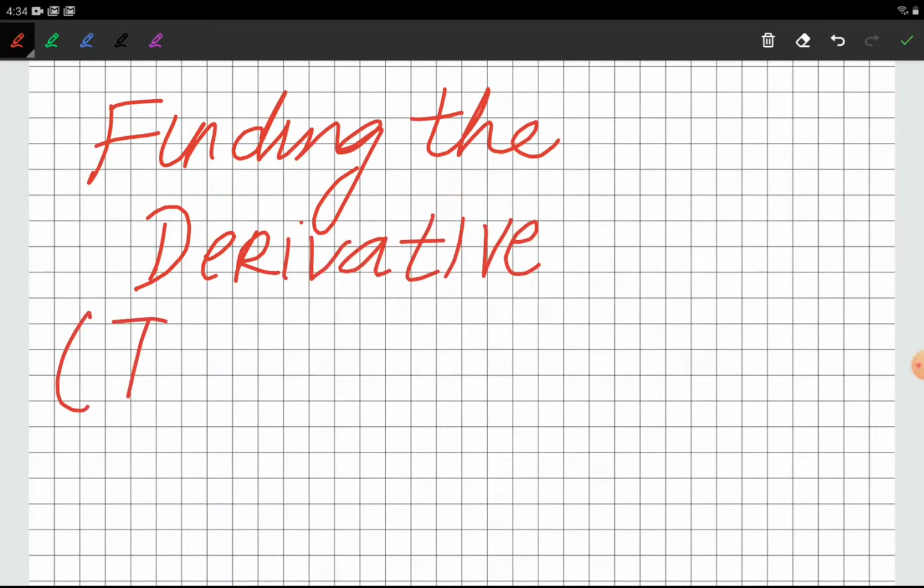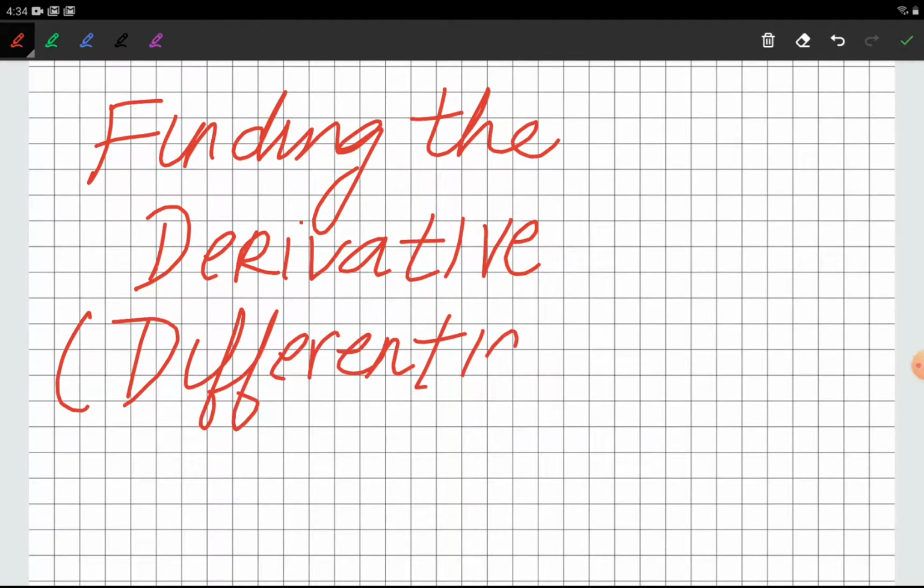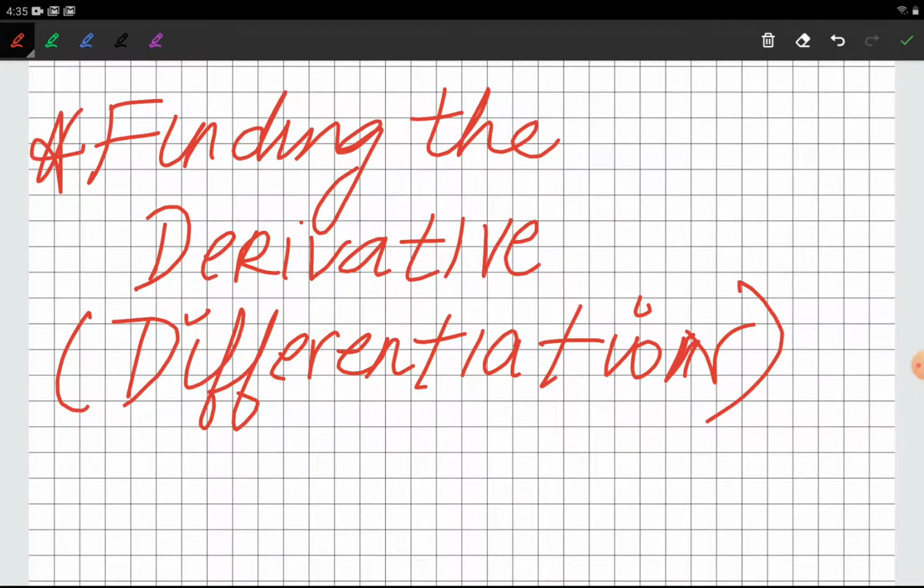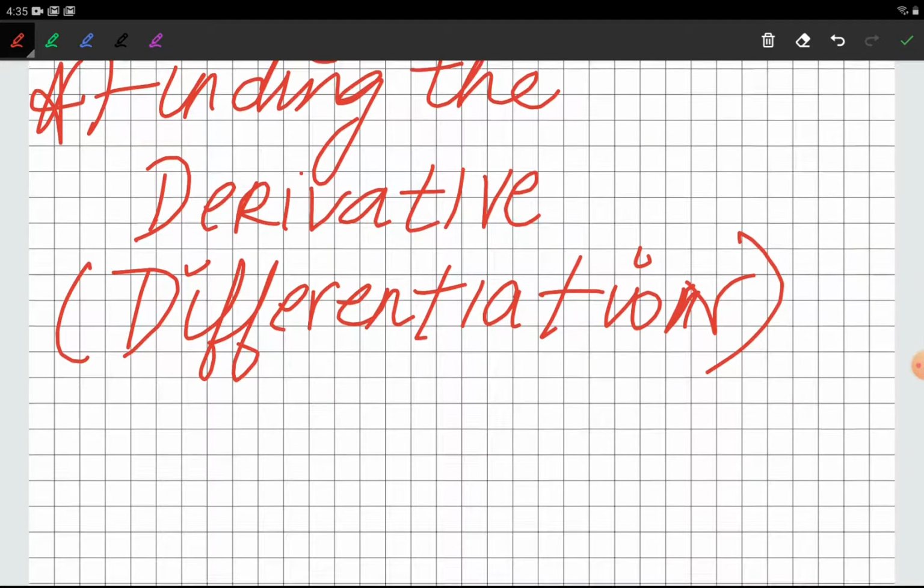That process is called differentiation. All right, that's the process of finding the derivative. Big word, differentiation. So that's what we've been doing.